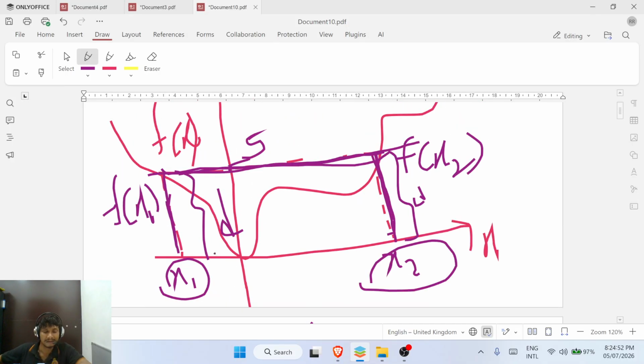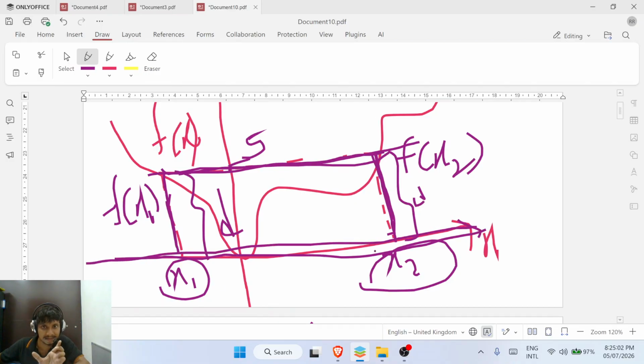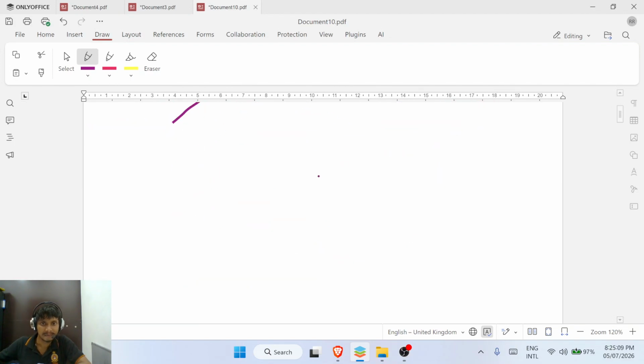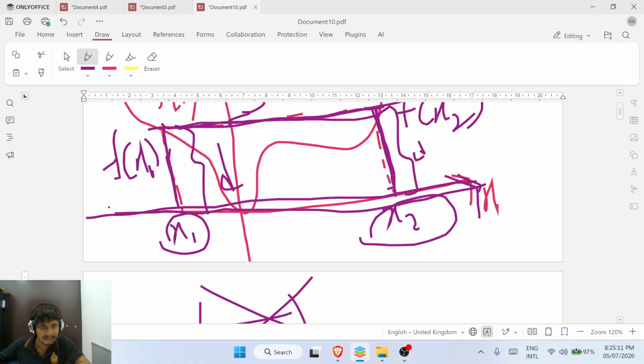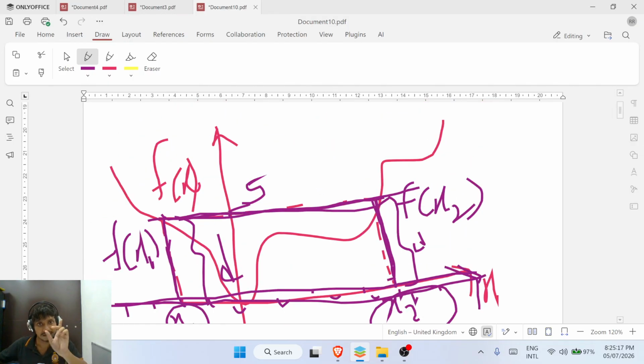Therefore, the rule of a one-to-one function is that every value in the domain part must have a unique value.